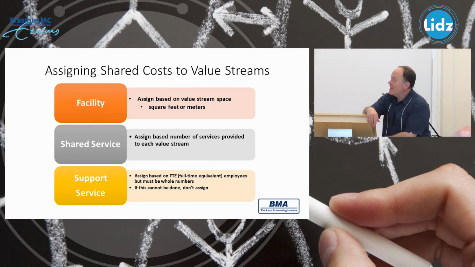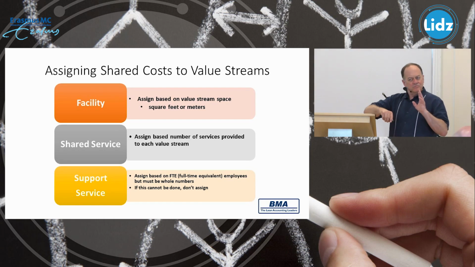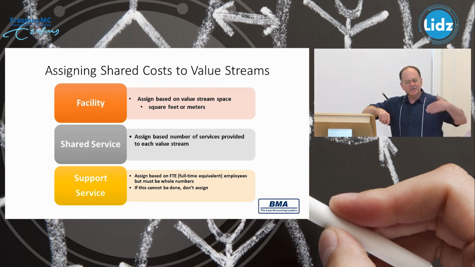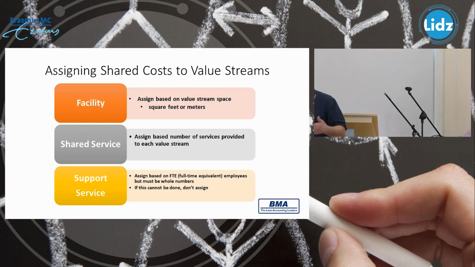We're trying to create a simple method, because in the world of lean accounting, we don't want to use many shared costs, but we realize they exist. So what's the simplest, easiest way to assign that cost?